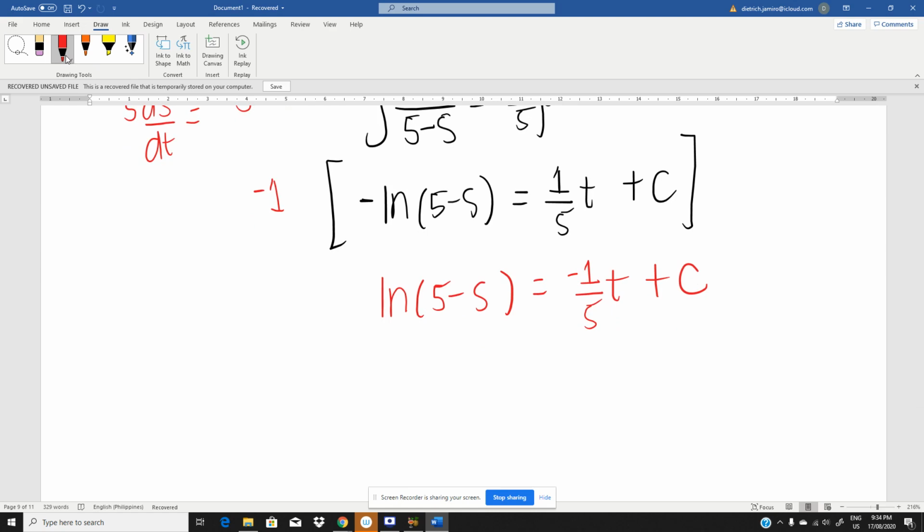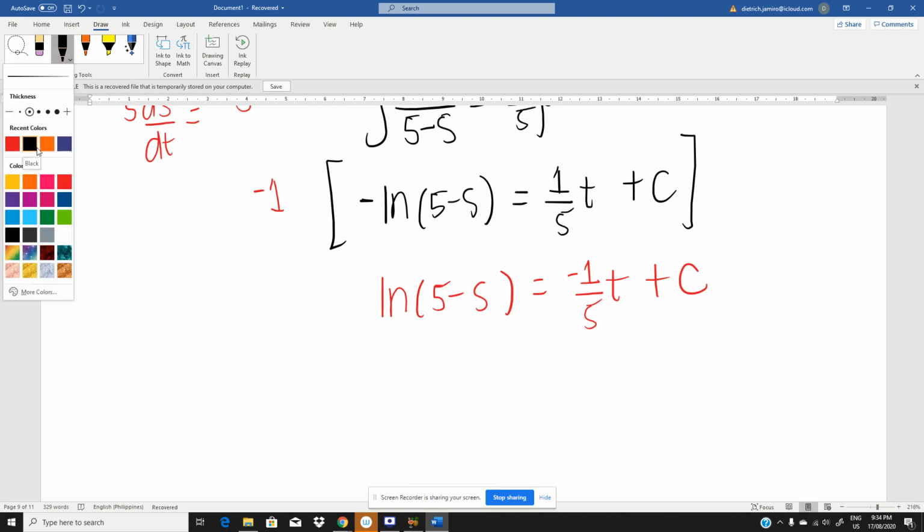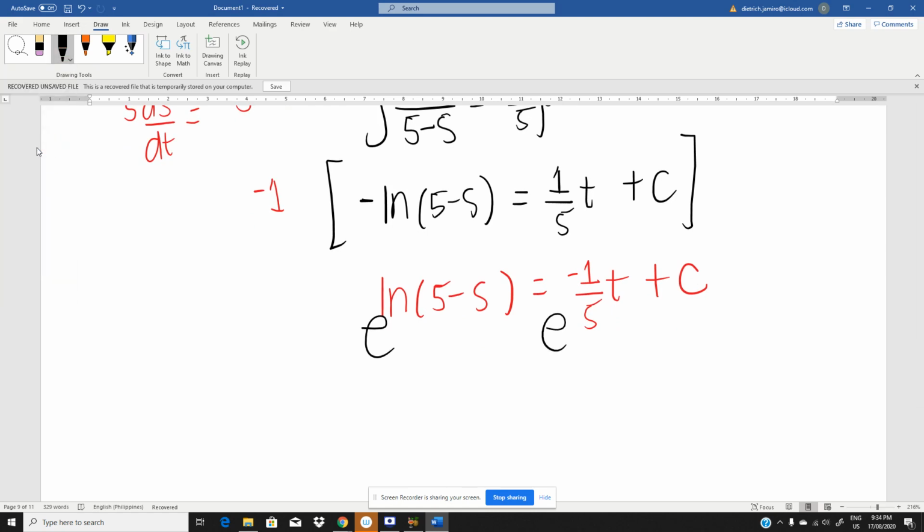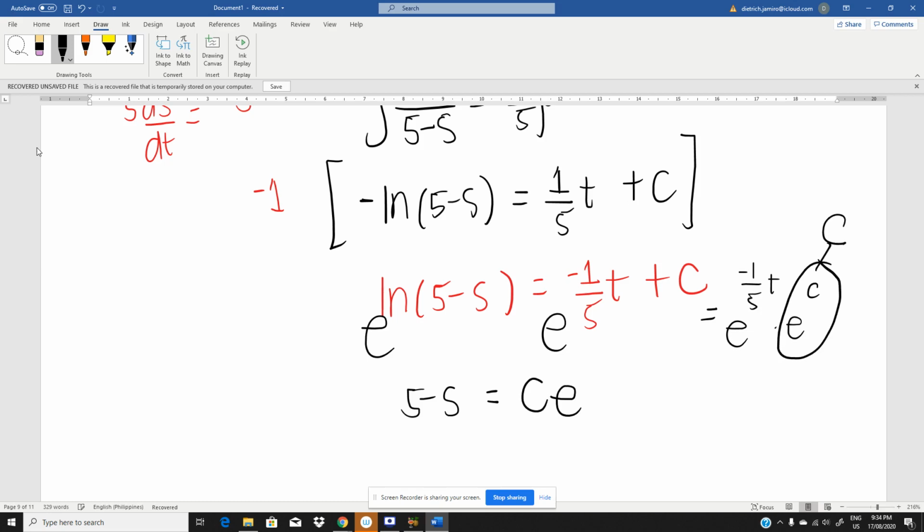So we will have 5 minus s is equivalent to e raised to negative 1 over 5t times e raised to c. And this one is also equivalent to c. So we will have c multiplied by exponential of negative 1 over 5t.